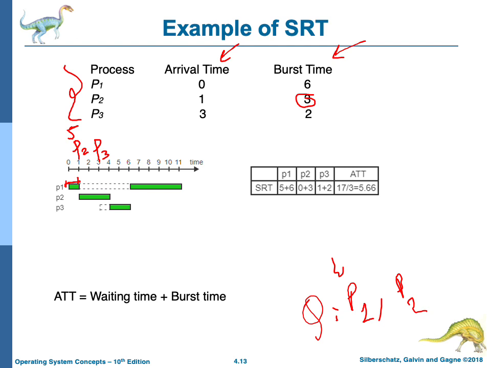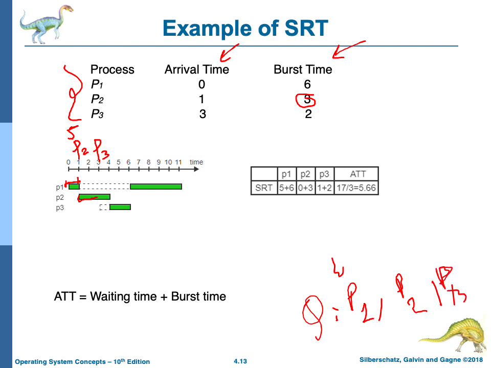The shortest is P2, so P1 will be interrupted and P2 will start running because it has the shortest remaining time, right? So P2 will start running from 1, all the way to 3. At time 3, P3 arrived, right? Now we need again to compare the remaining time of these processes.